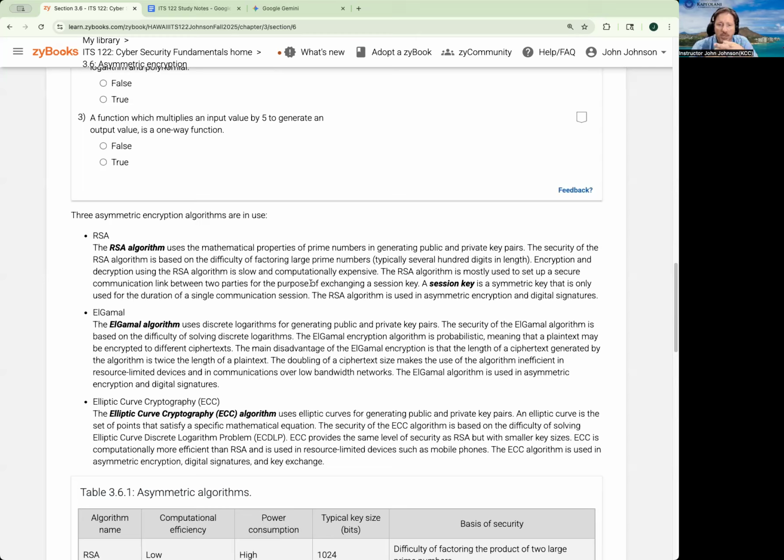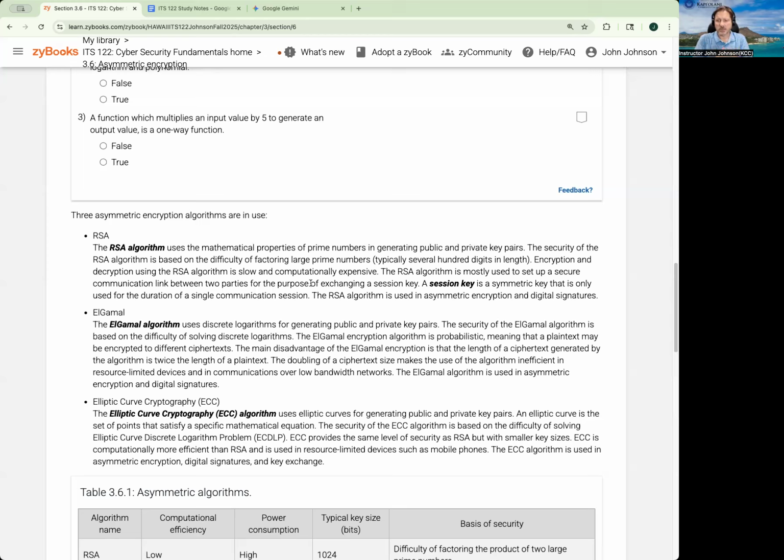And when you're talking about slow and computationally expensive, again, you're not going to be able to run this on legacy equipment, older equipment that can't handle the computational load. The RSA algorithm is mostly used to set up a secure communication link between two parties for the purpose of exchanging a session key. You're going to go through all the trouble of setting that up, computing all that just for a short time to exchange that session key.